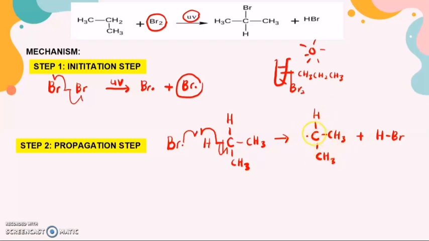To become stable, this free radical will attack another bromine molecule in the test tube. We know that in this test tube there is not only one molecule of bromine and not only one molecule of propane. There are a lot of bromine and propane molecules. So this free radical of propane, the secondary free radical, will attack another neutral bromine molecule.